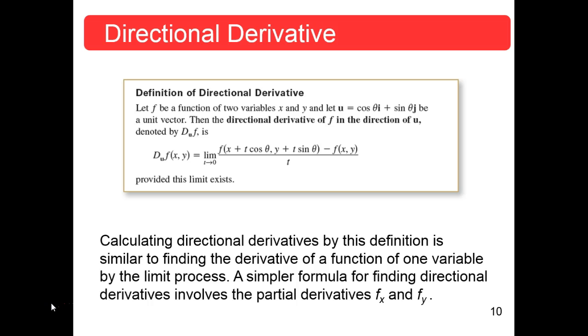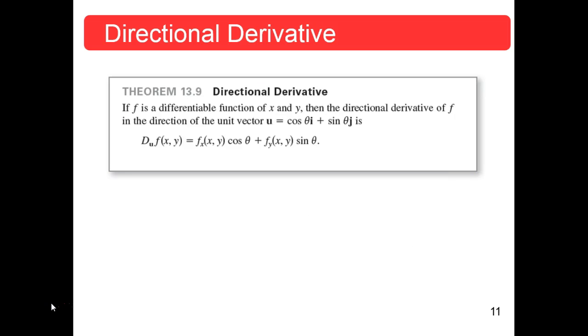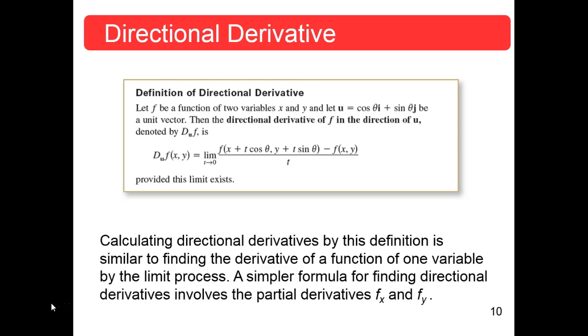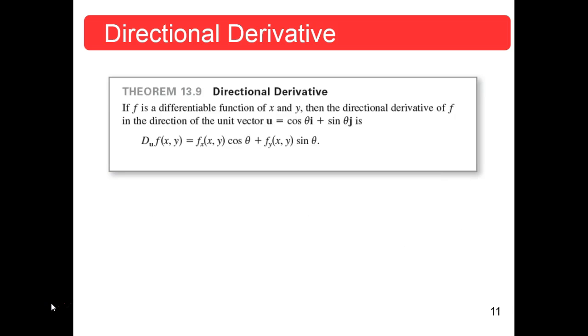So you see, rather than being a limit, with a change in x and y, and f at the changed point minus f before the change, you just have the partial derivative of f with respect to x times cosine theta, plus the partial of f with respect to y times sine theta.